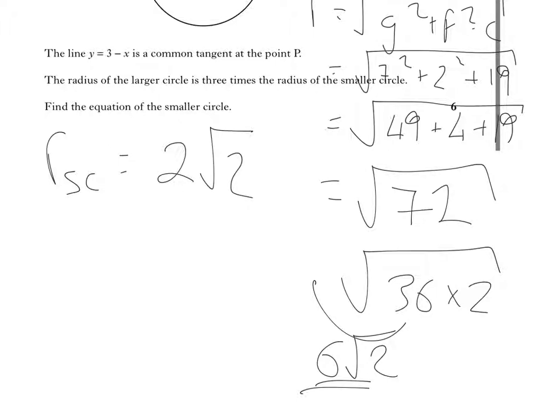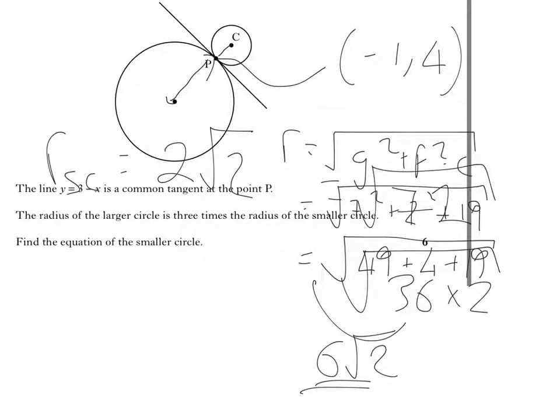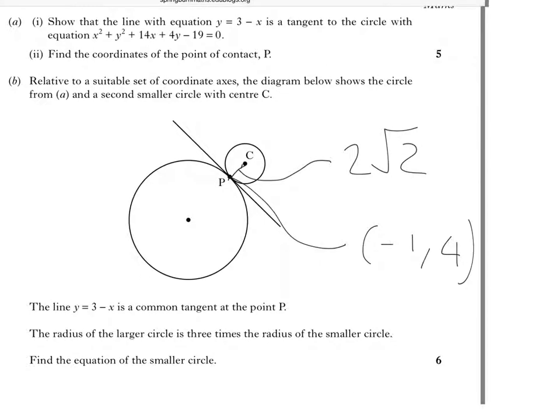So I'm halfway there. I've got the radius, I'm now going to try and find the circle centre for the smaller circle. I'm going to use a wee bit of vectors to get there. So I'm going to call the circle centre here T for the bigger circle, and half and invert, that will be (-7, -2).